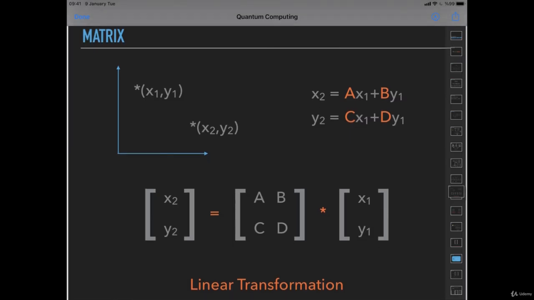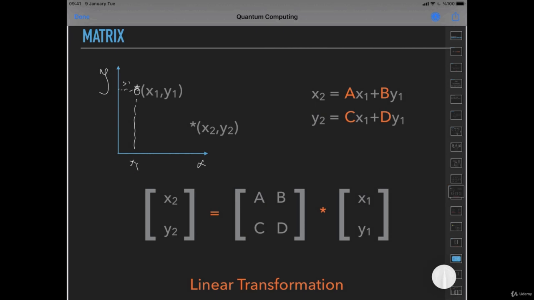So where does the linear transformation come into play? Let's talk about this a little bit. Let's say that we have an x-axis and a y-axis like we used to see in high school. Of course, we can represent some dots like x1, y1, with y1 being here and x1 being here.